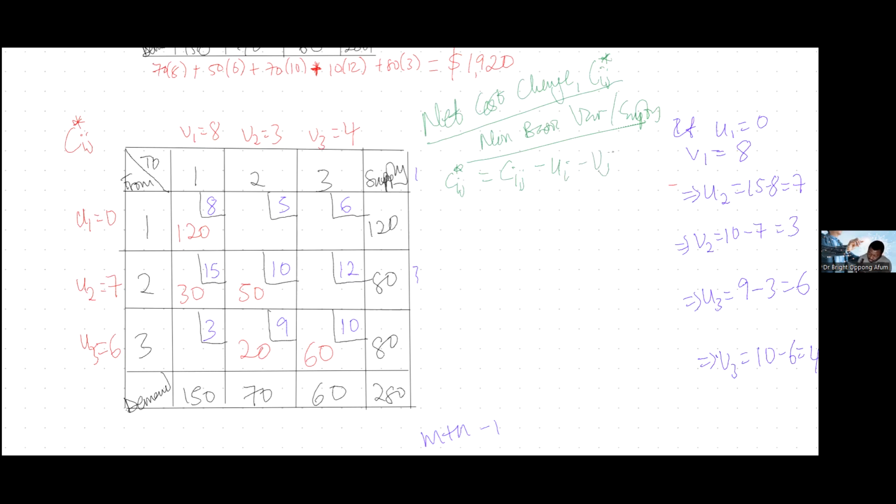So we find the first empty cell, which is 1,2, and we evaluate it. So 1,2 is made up of 5, it's already there, minus the Ui. U1 is 0.